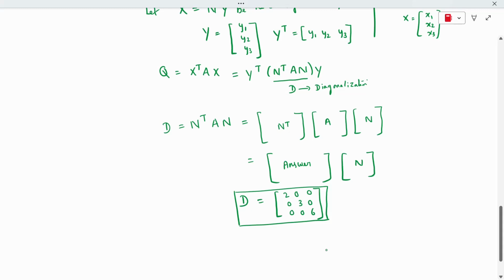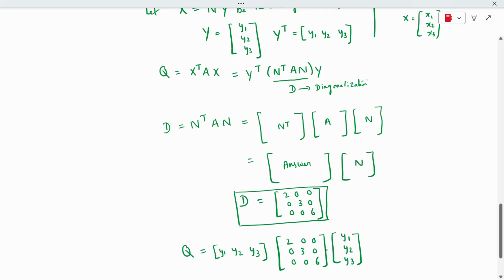Substitute this in the given equation. So Q is nothing but y transpose, which is y1, y2, y3, into 2, 0, 0, 0, 3, 0, 0, 0, 6 into y1, y2, y3.